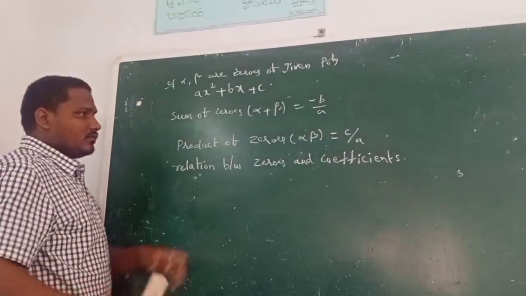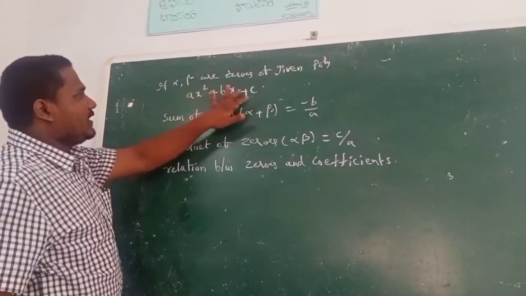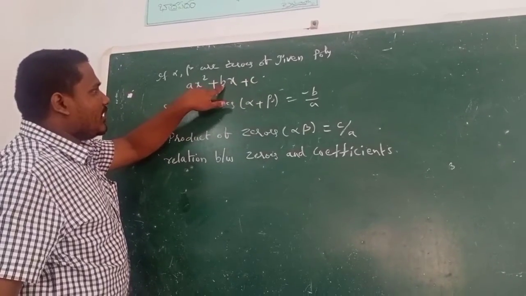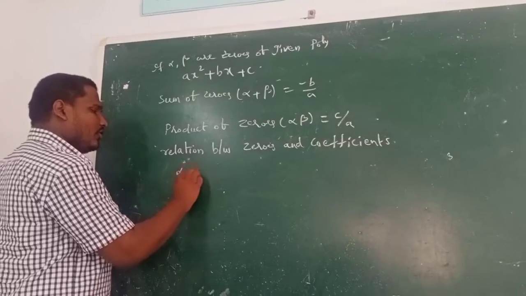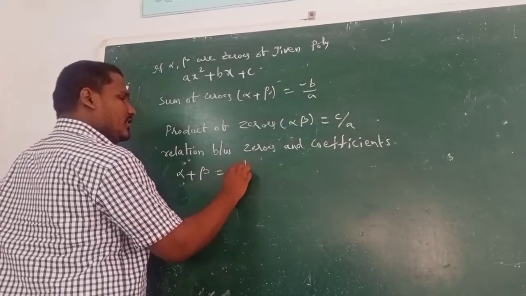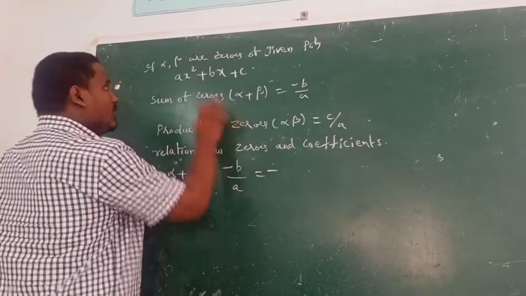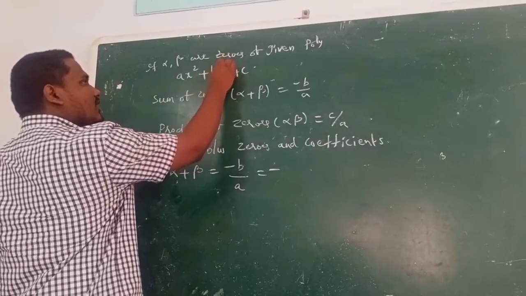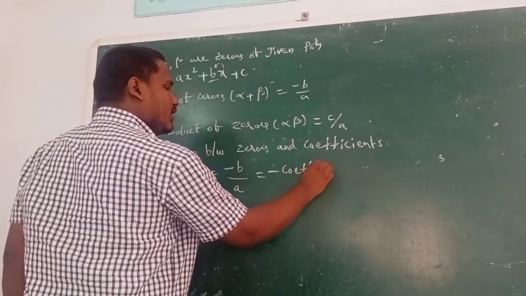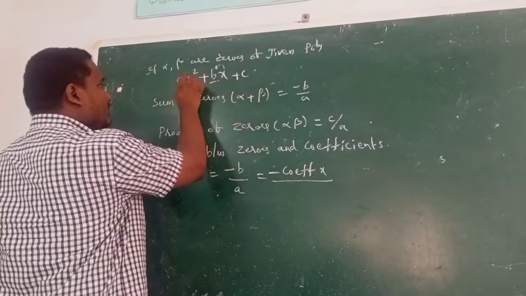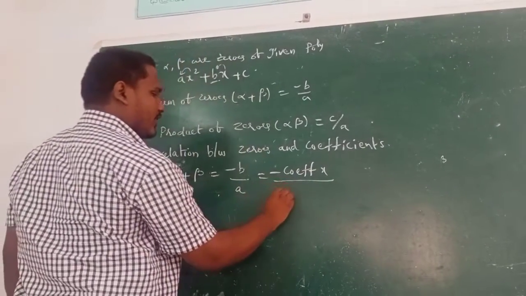Already we said that a, b are the coefficients and c is a constant. Therefore alpha plus beta is equal to minus b by a, where b is the coefficient of x and a is the coefficient of x square.